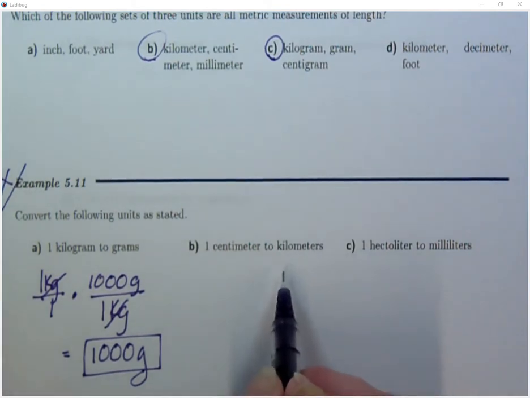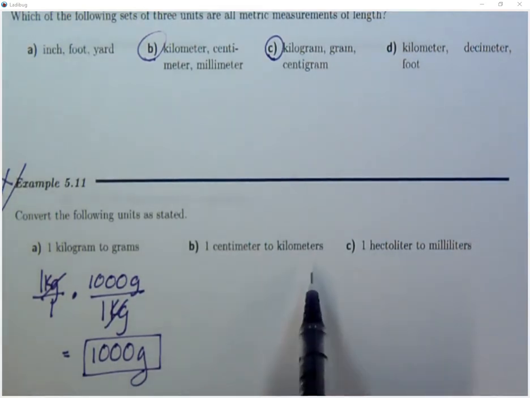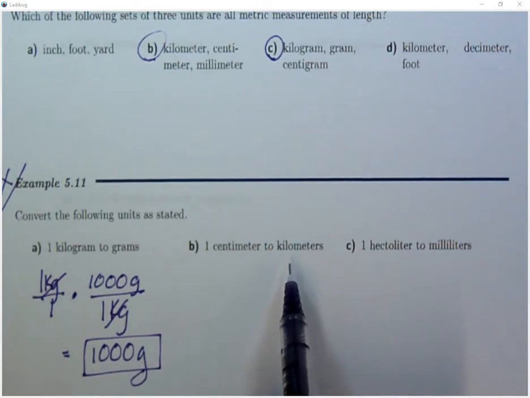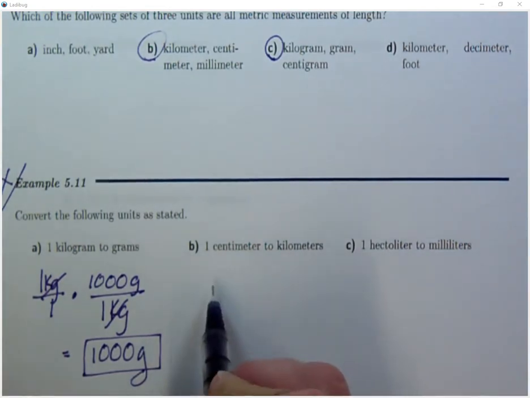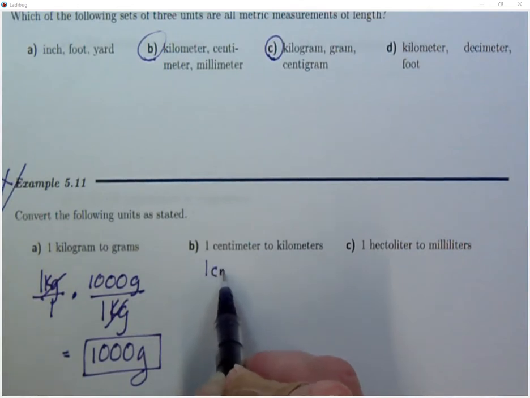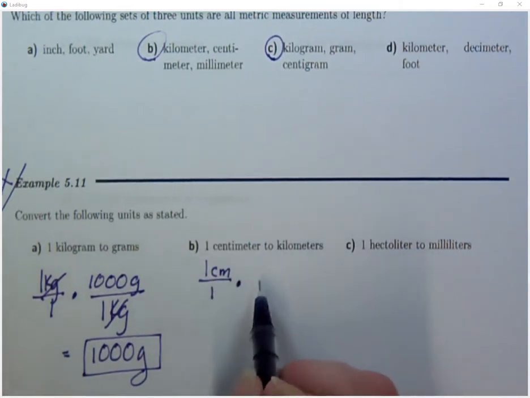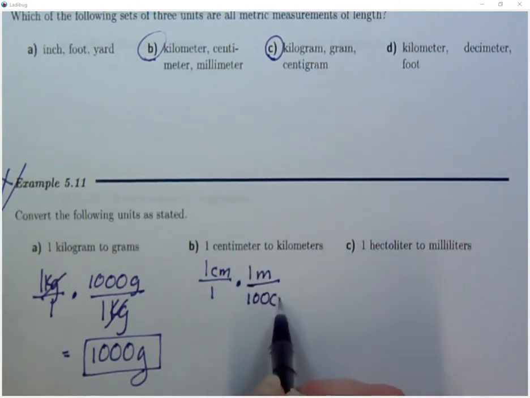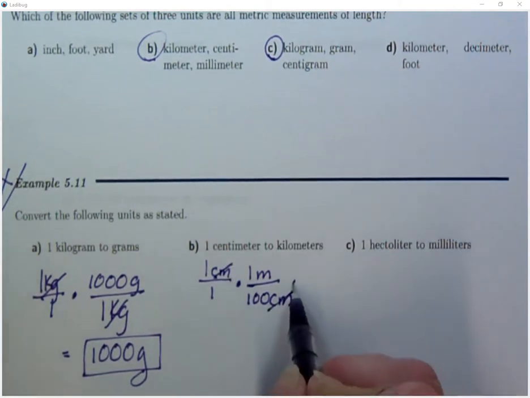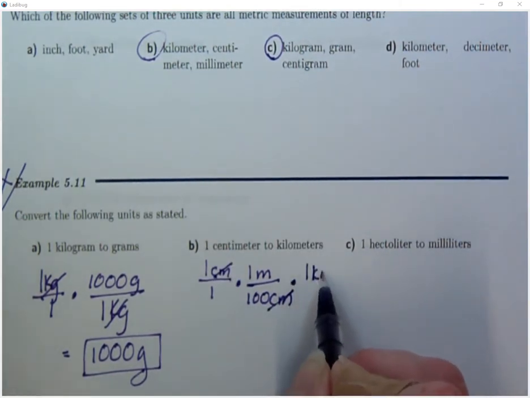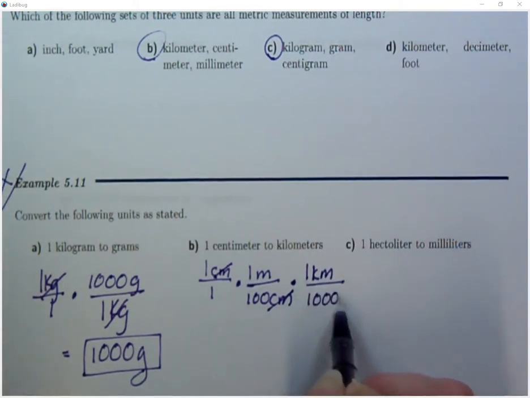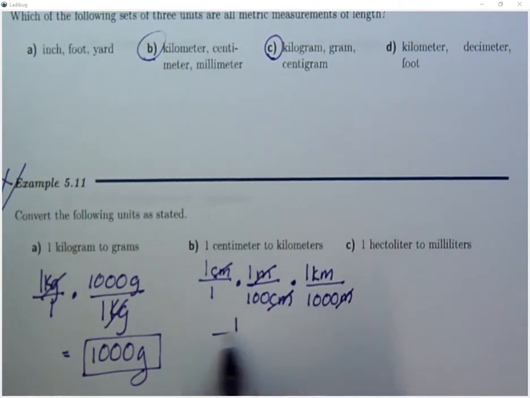Centimeters to kilometers. Now we know we're going from a smaller unit of measure to a bigger one, so the kilometers will be a tiny number relative to that. So we have 1 centimeter over 1 times 1 meter to 100 centimeters. Just like before, we can't always go direct. 1 kilometer is 1,000 meters. So we'll end up with 1 over 1 and then 1, 2, 3, 4, 5 zeros.